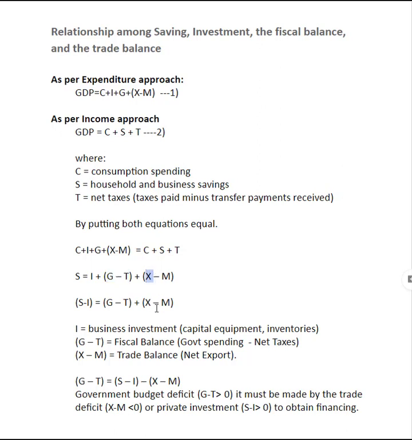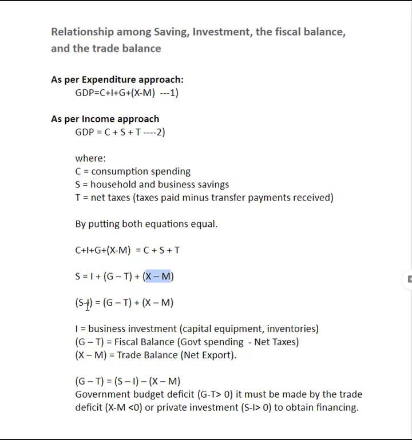And X represents export and M represents import. So this part of the equation represents net export, or we can say it's the trade balance. So we can say that saving will always be greater than investment, because you need to save first before investing.